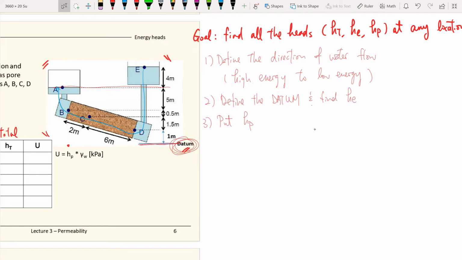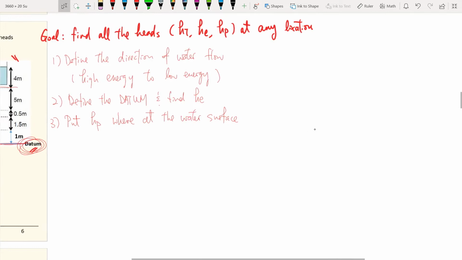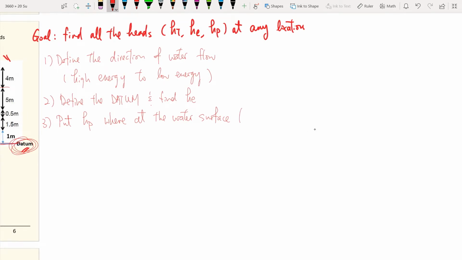So one of them is we put the potential head at the water surface. When we are at the water surface, which means we are open to atmospheric pressure, then the water pressure is 0.